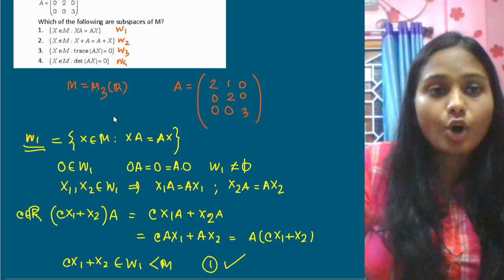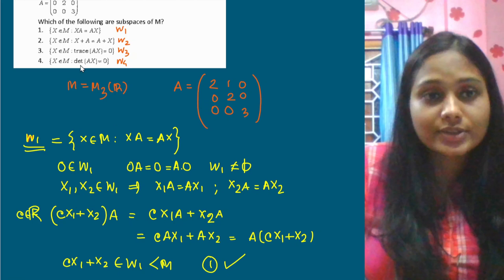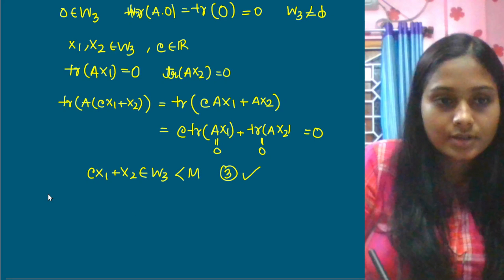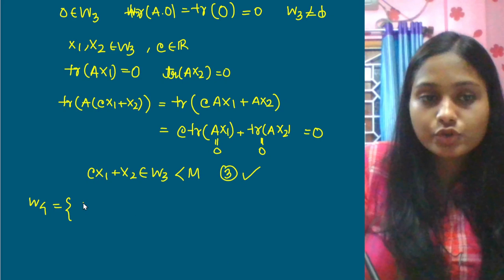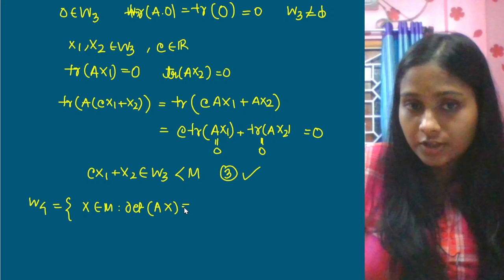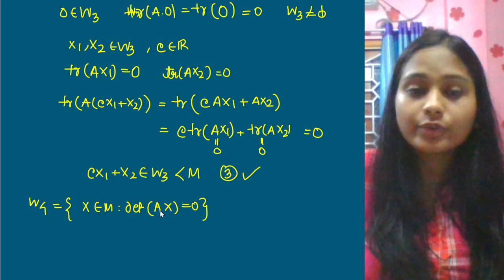Option 4 is what? X belongs to M such that determinant of Ax equals 0. So, we are going to produce a counter example in this option.